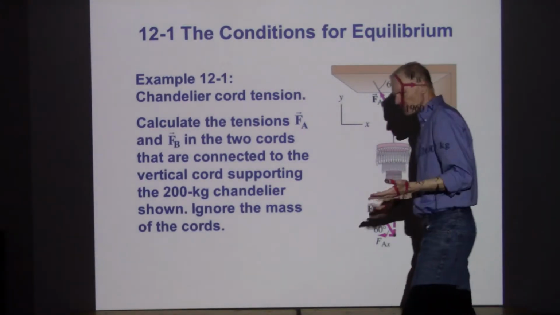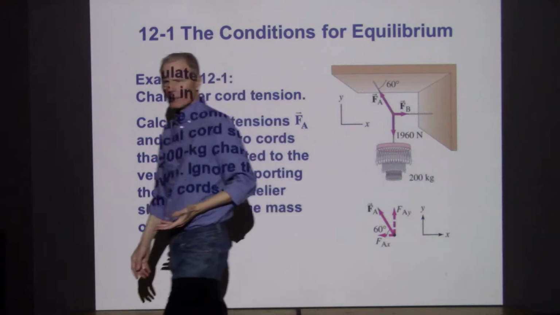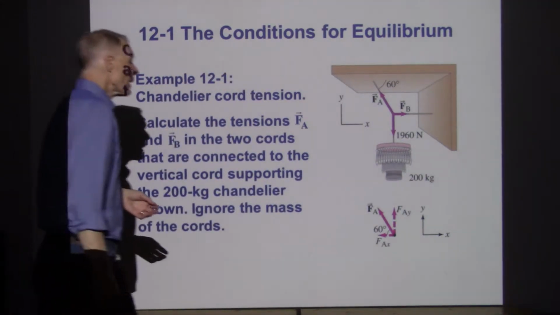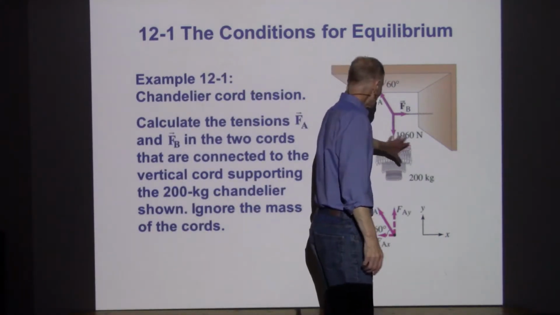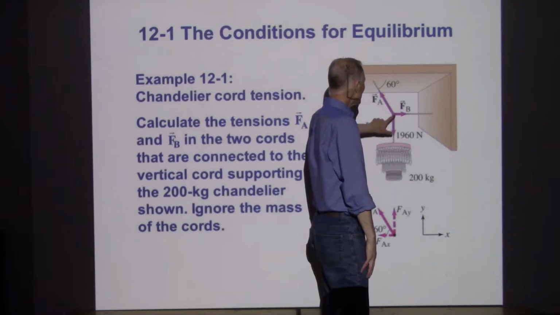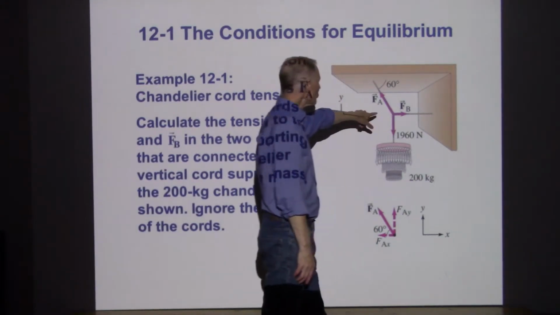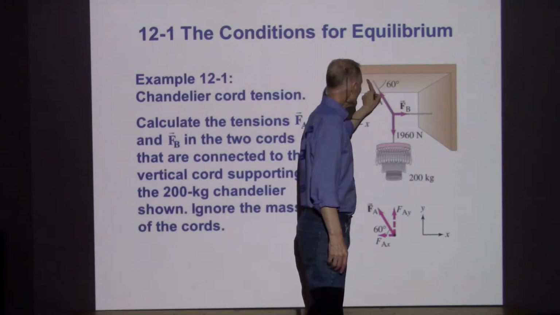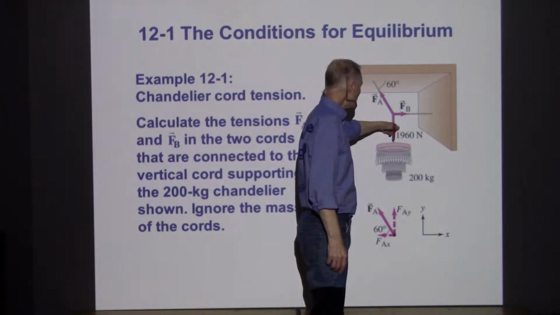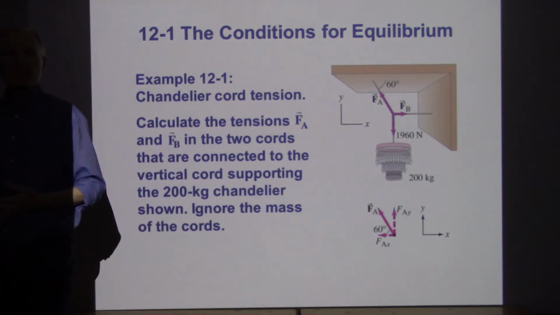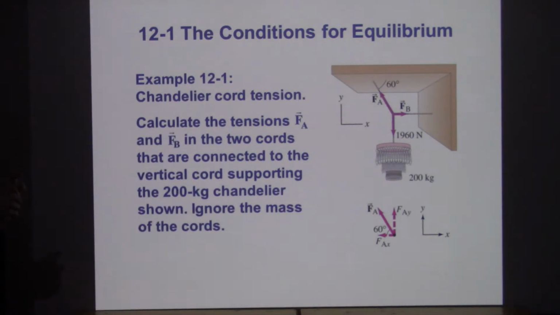So this is kind of interesting. What object is it that we're isolating here and analyzing the forces? And it's not really an object. It's not so much the chandelier, although we have to do a force diagram here too. Kind of the central part of the problem is making sure that FB and FA and this tension, 1960 newtons, that they all cancel out exactly. So let's take a look.